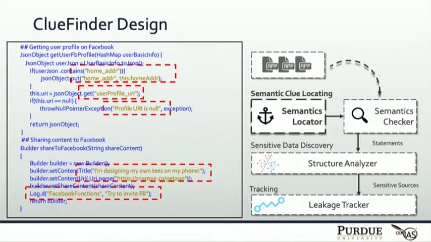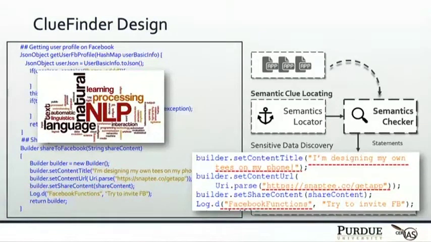For a given Android app, the semantics locator first disassembles its code from the APK file and identifies the program elements that carry sensitive tokens. These sensitive elements are then inspected by the semantics checker.